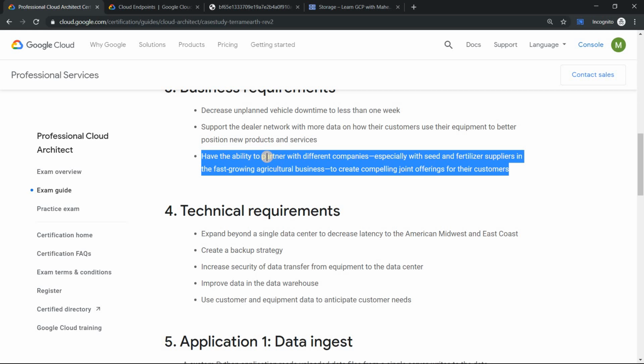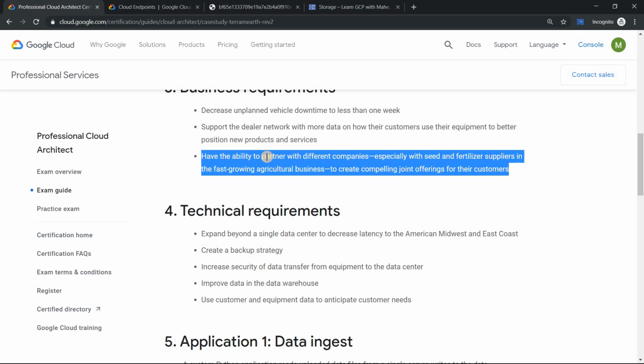The vehicles from TerramEarth are generating lots of information, and all of it is captured in a system, in an infrastructure. If you want to partner with seed and fertilizer suppliers, you may need to expose certain APIs, and they should also be able to interact with your system.